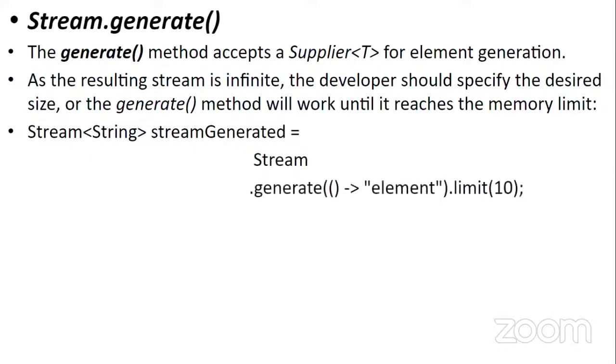When we say generate element dot limit 10, what we are trying to do here is generate. The generate method will take up a collection of elements. This is the beauty of functional programming, where we don't try to put any collection or anything, but we still get a collection of elements.